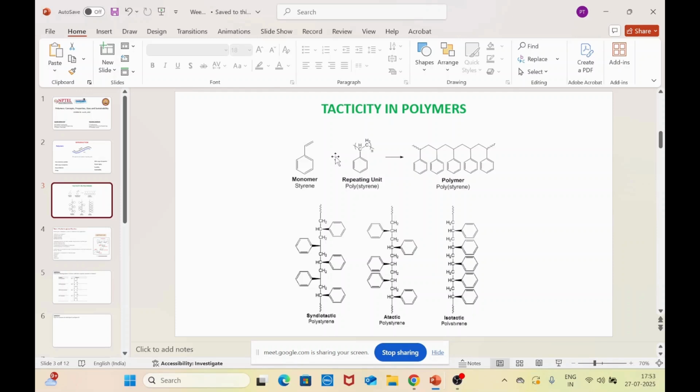We haven't discussed one thing, which is the molecular weight distribution. That we will do as we progress. Now we will be moving on towards the problem solving session, or practice problem solving session, wherein we have a set of few questions.